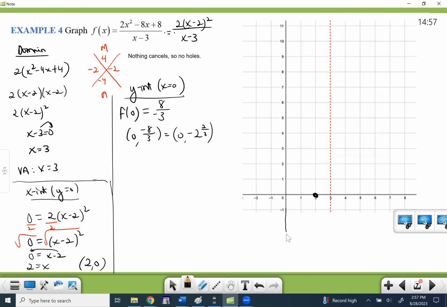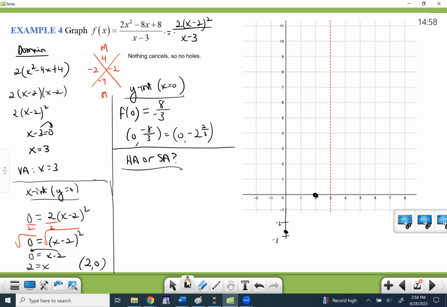So let's say this is 2, you guys. And let's say that this is 3. So maybe like right there. Okay. All right. So now we have to say horizontal or slant.